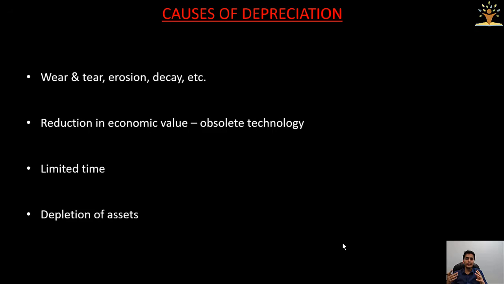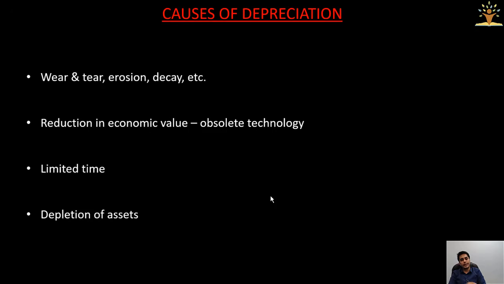Third cause of depreciation is time or duration. Now, some assets are with the business for a specific period of time. For example, a leased premise. If you've bought a premise on a long-term lease, let's say for 20 years, and you've paid an upfront cost of let's say 100,000 for 20 years, the annual expense comes to $5,000. 100,000 cost divided by 20 years.